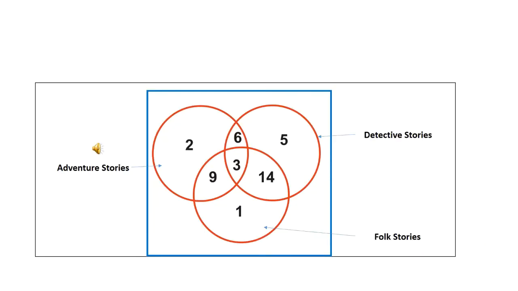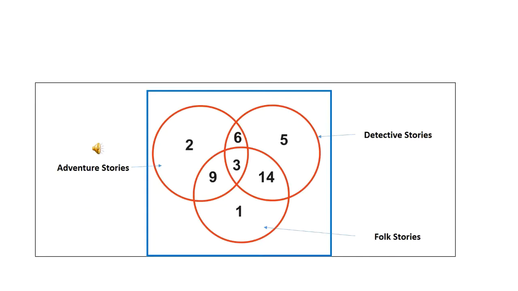Here's the Venn diagram. You can see the details I have said before are included here. Look at the diagram. Adventure stories, 2 students, detective stories, 5 students, folk tales, 1 student. When we compare adventure stories and folk tales, there are 9 students.